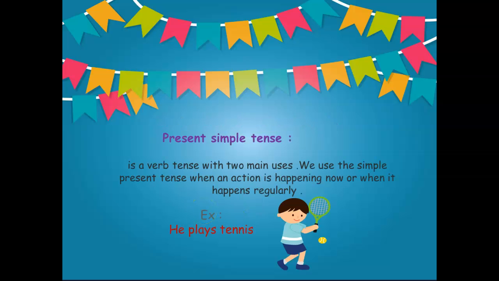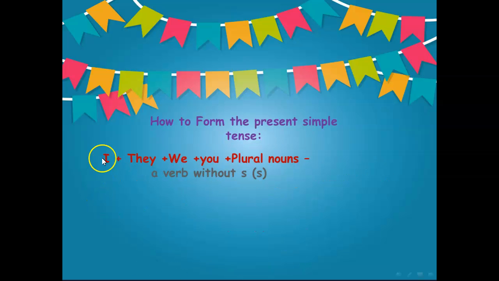Okay? Focus with me. We have I, they, we, you, and plural nouns. What do I mean by plural nouns? I mean, for example, the doors, the cats, Amal and Sarah, 2 names. So I, they, we, you, and plural nouns take a verb without s.